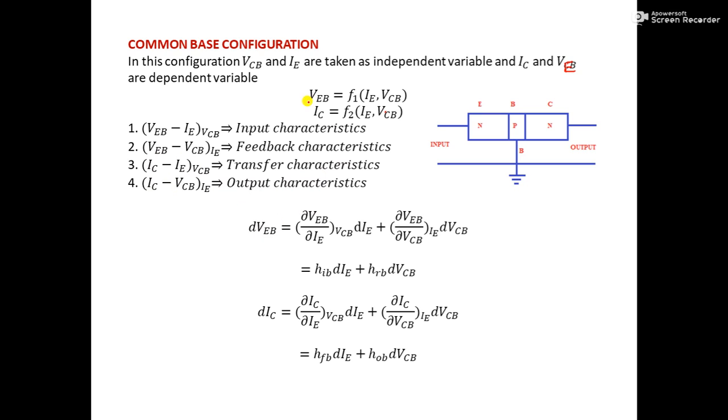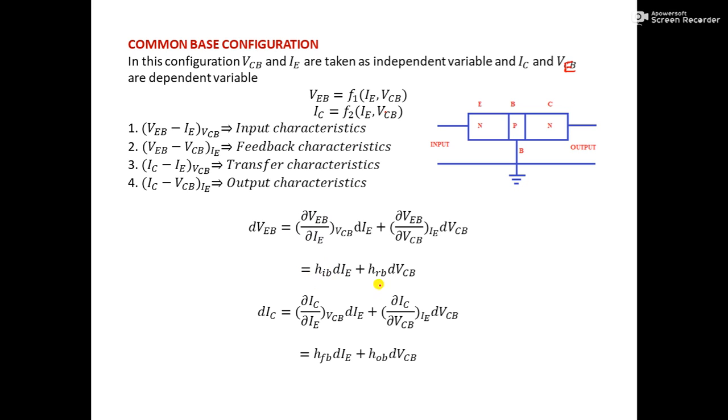Differentiating these two equations, as we have done in the previous case in the common emitter connection, we can see the terms which have come here. HIB, which is del VEB by del IE, has the dimension of impedance, so it is termed the input impedance with base common.